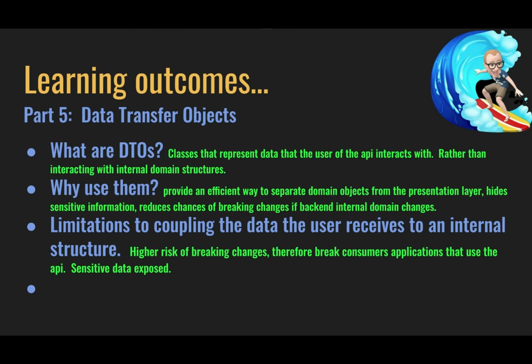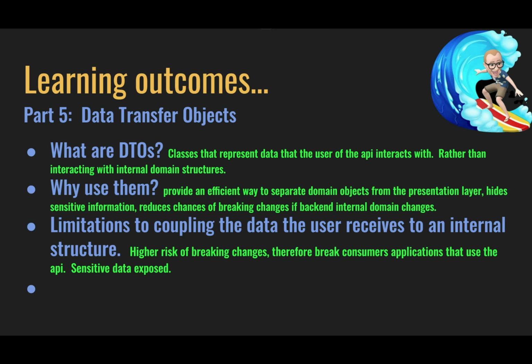So let's just wrap things up on this video to do with data transfer objects and refer back to our learning outcomes. During this video we have gone through what data transfer objects, or DTOs, are, why we use them, and the limitations of coupling the data if we don't use DTOs.